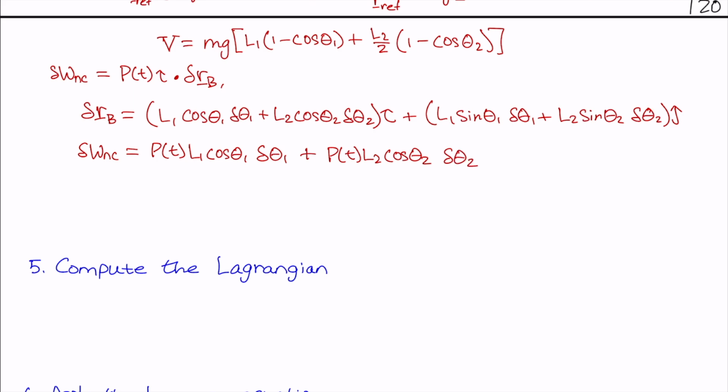And now we have our two generalized forces. This will be our Q theta 1, and this is our generalized force Q theta 2. So here's how we can define these generalized forces in our chosen generalized coordinate system. And we can see that in this case P of t is modified by an L cosine term for either theta 1 or theta 2.